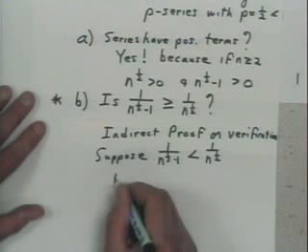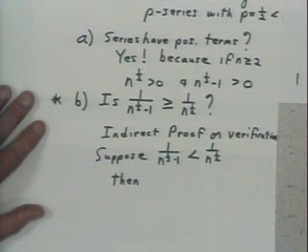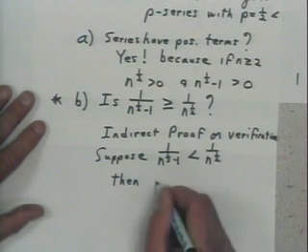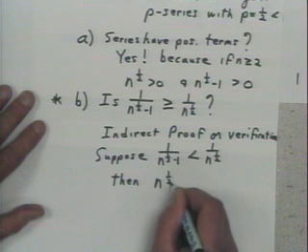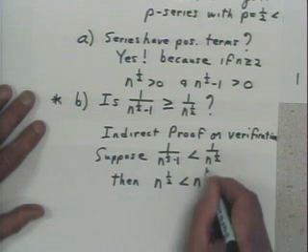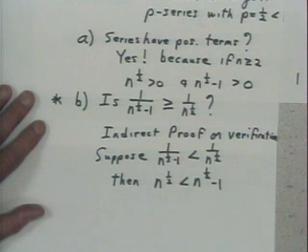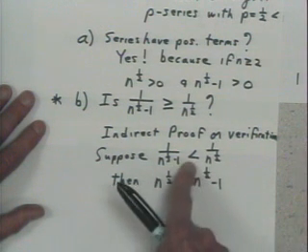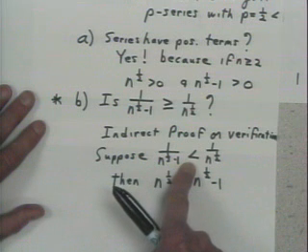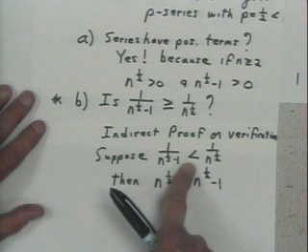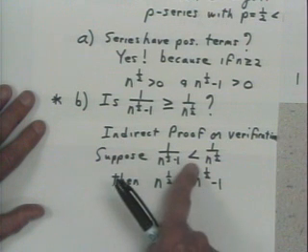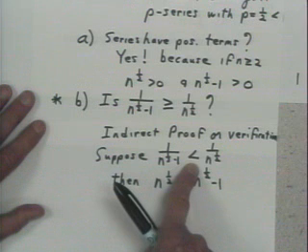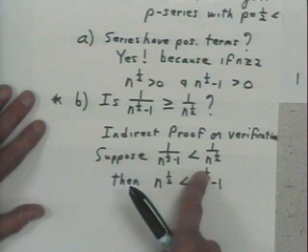Well, the contradiction is going to be very clean, because the next step, if you suppose that's true, then what else do you have to accept? The fact that n to the 1/2 is less than n to the 1/2 minus 1. Can you see how this follows from that? Do you know what I did? Well, sort of, but you're not supposed to cross multiply with inequality. But it does work if everything's positive.